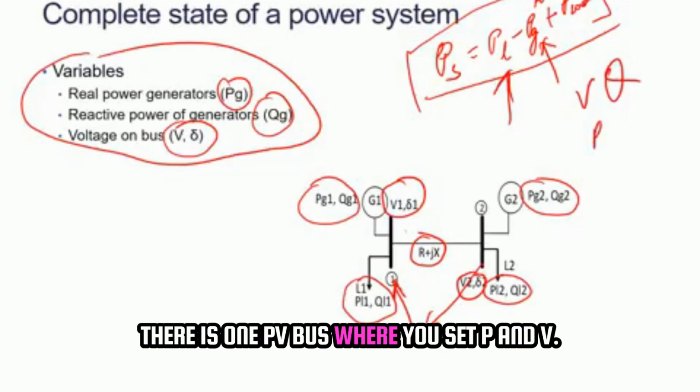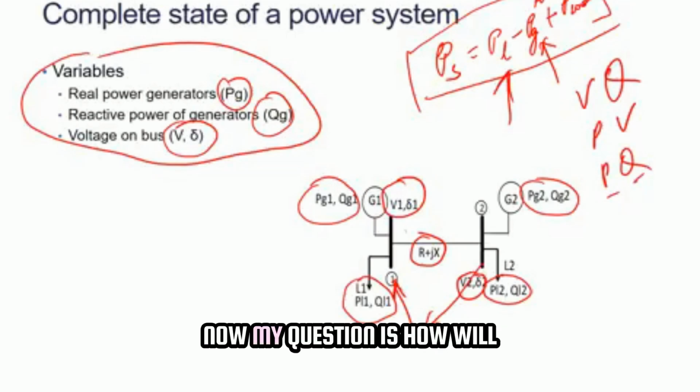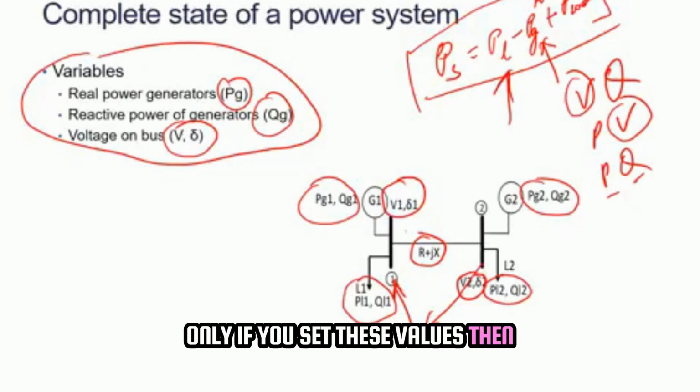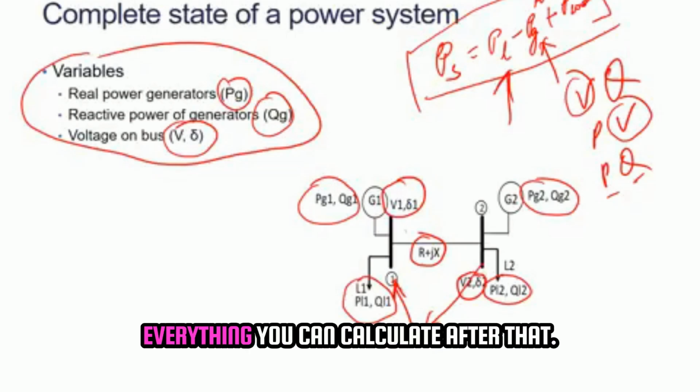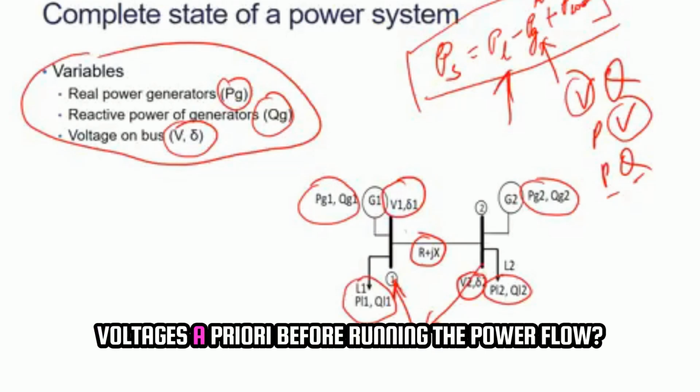There is the PV bus where you set P and V, and there is the PQ bus where you set P and Q. Now my question is, how will you set these values? Only if you set these values will you run the power flow, then get all the values of voltages and angles, and then you can calculate the losses and everything after that. But my question is, how will you set these voltages a priori before running the power flow?